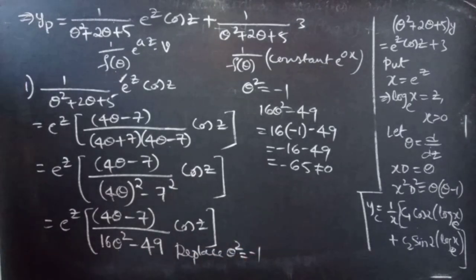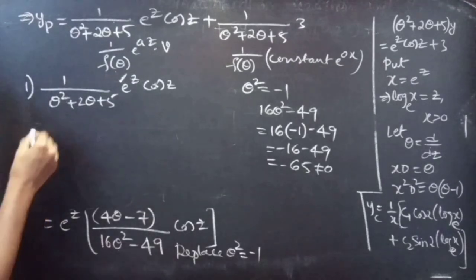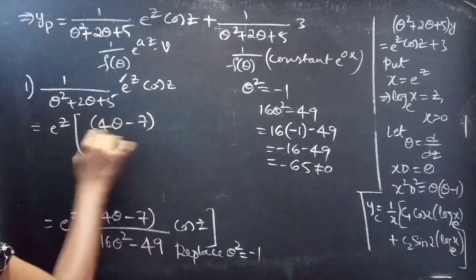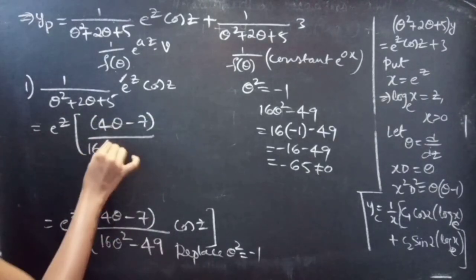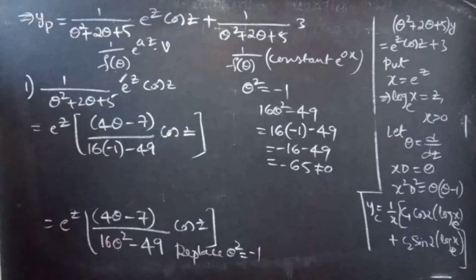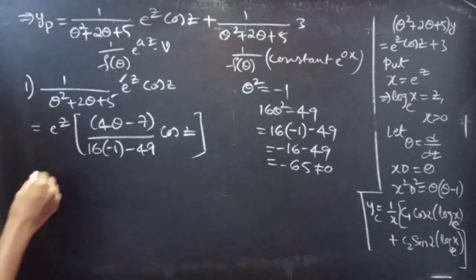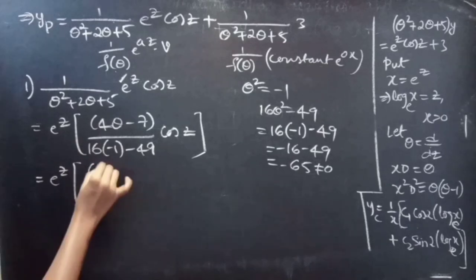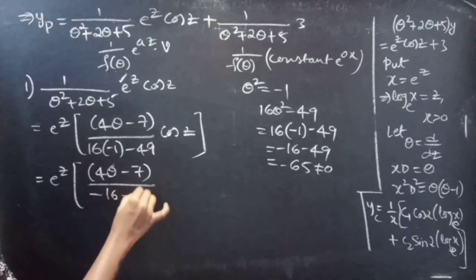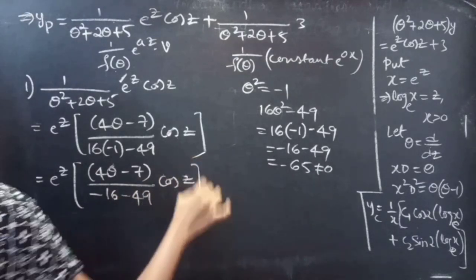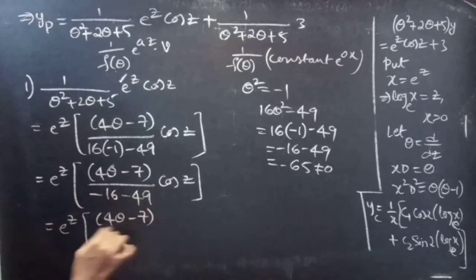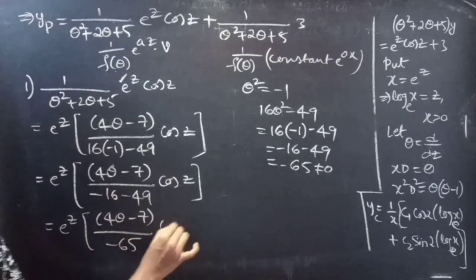Then this becomes e^z into (4θ − 7) by (16 into −1 − 49) into cos z, which is equal to e^z into (4θ − 7) by (−16 − 49) cos z, which is equal to e^z into (4θ − 7) by −65 into cos z.